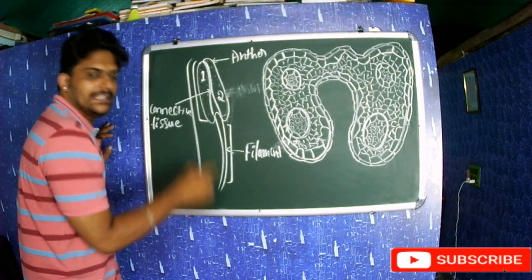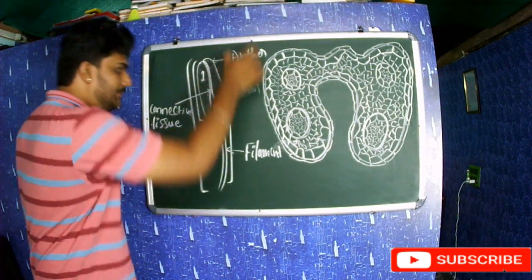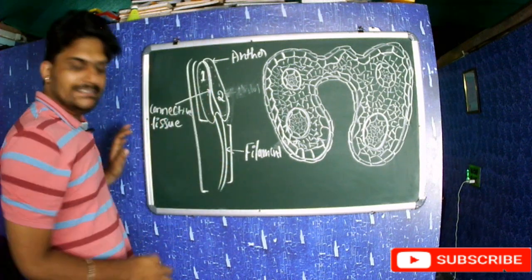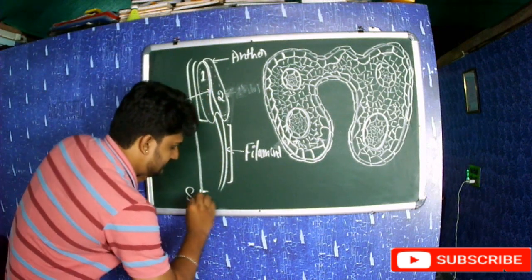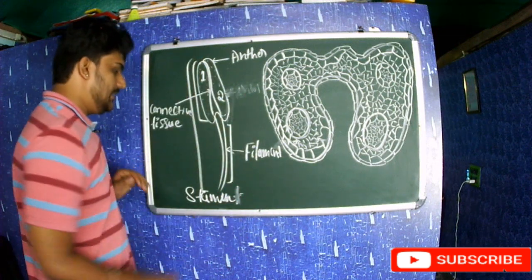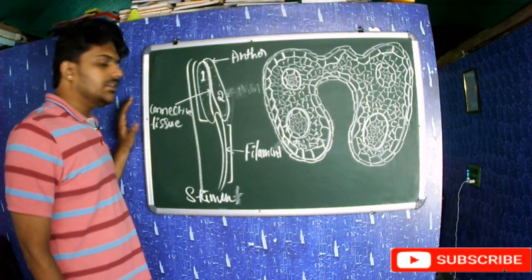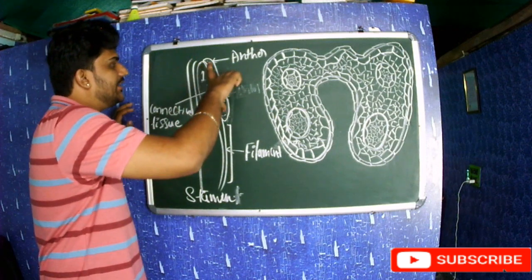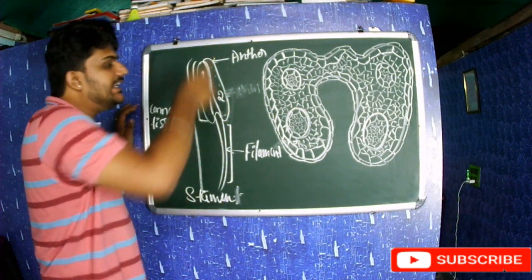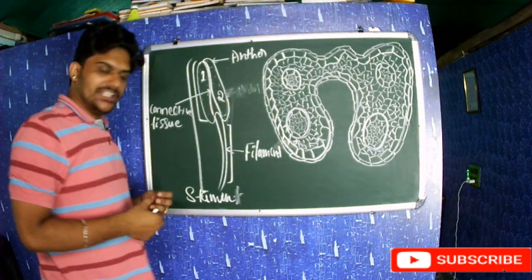So a stamen is completely made up of an anther and a filament. Together they are known as stamen.